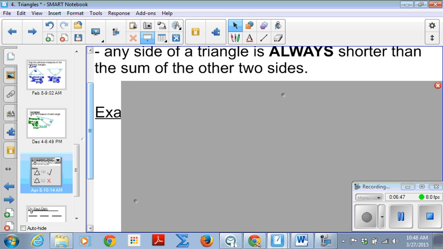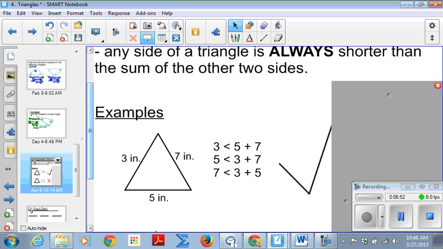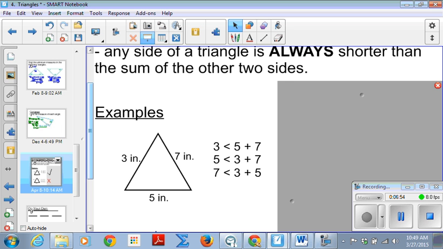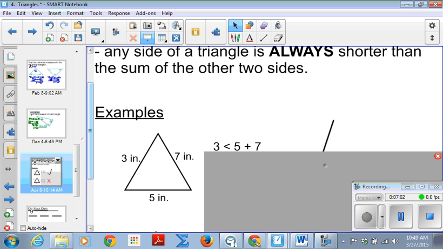So here's how it looks. We've got a triangle, okay, with side lengths of 3, 5, and 7. So what we do, we pick any two sides, okay, and we add them up.